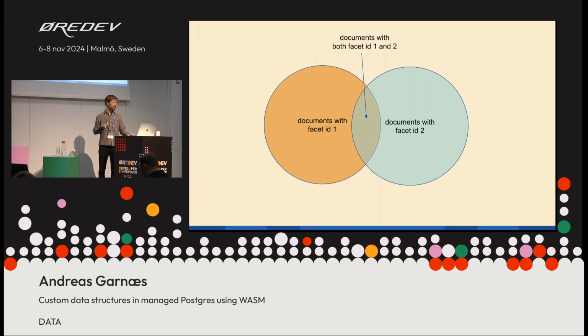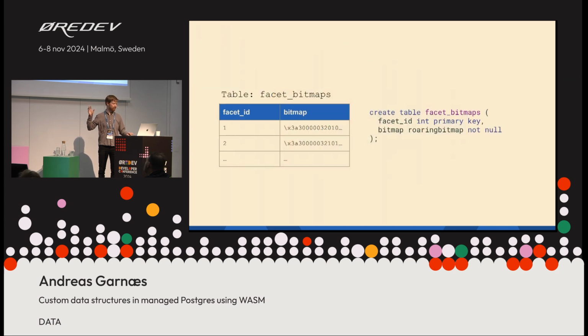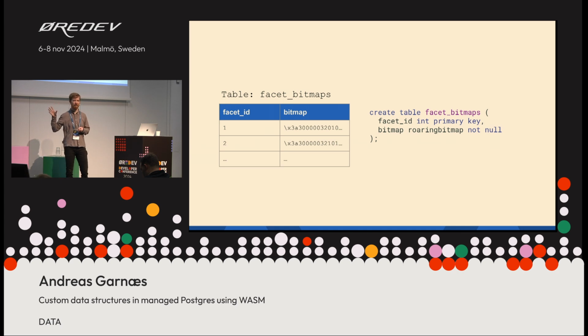And what we can do is to represent these sets more explicitly in our database. We'll create a table called facet bitmaps with a facet ID as the primary key and a bitmap column, which contains all the documents that match that particular facet.